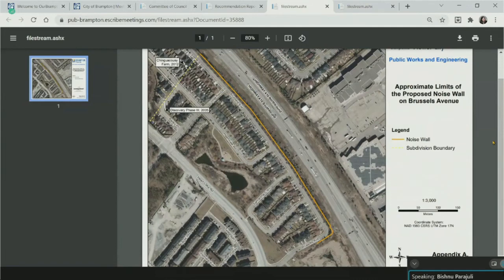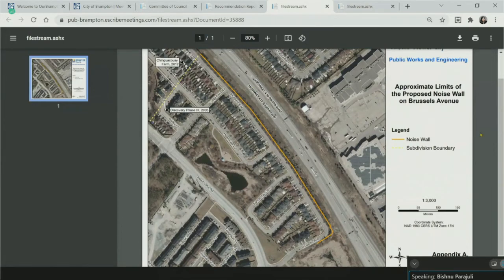We also had a meeting with MTO recently, to explore the funding possibility through the province, and they clarified that there is no provincial policy that allows them to fund noise mitigation here.